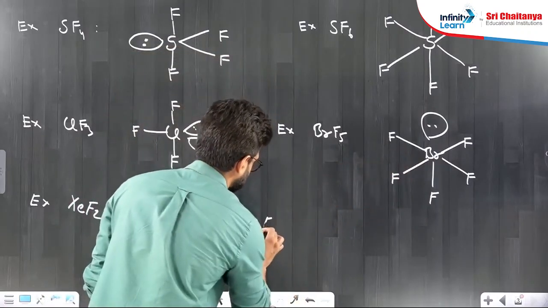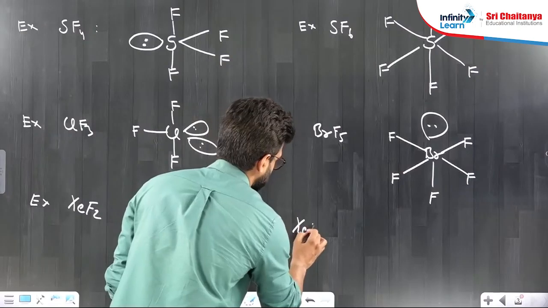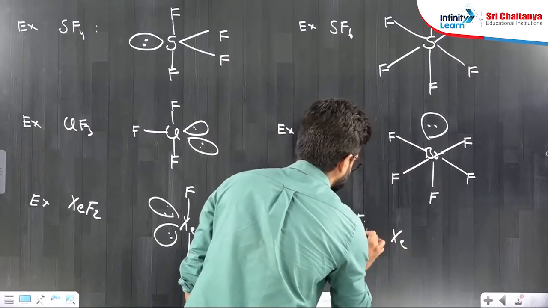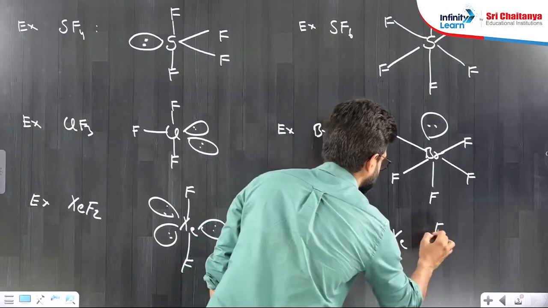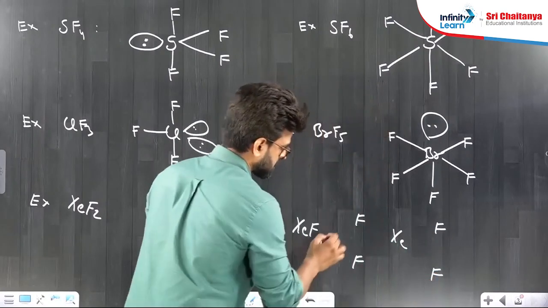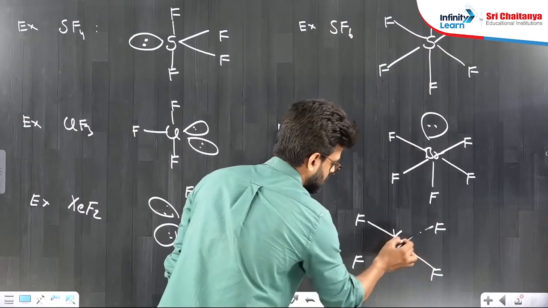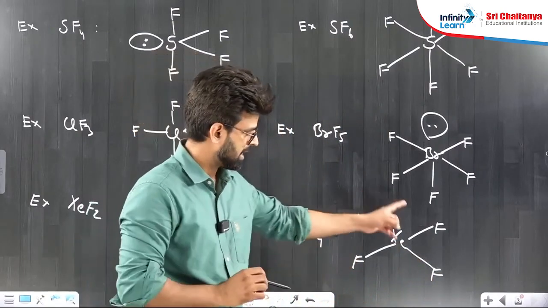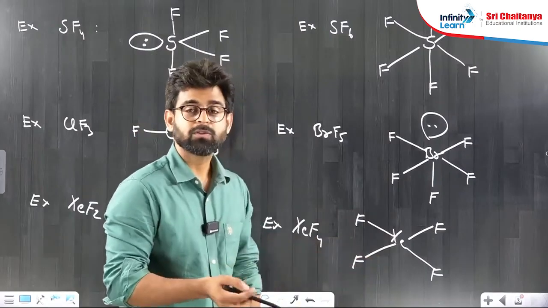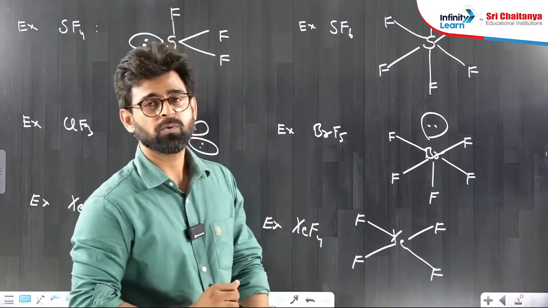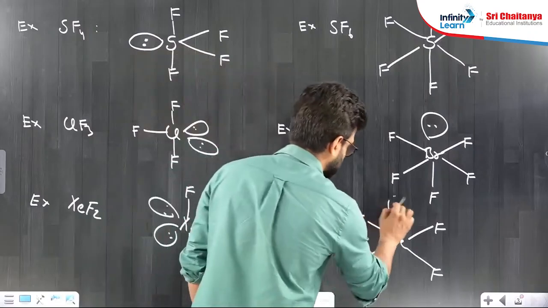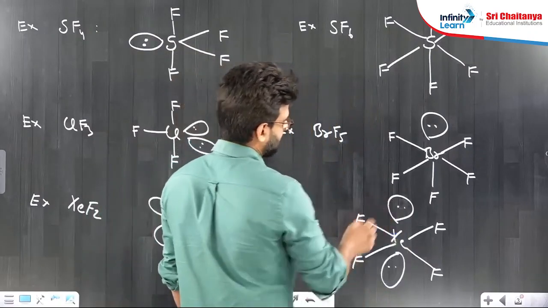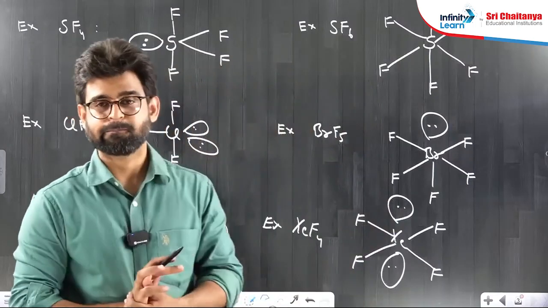And the next one is XeF4. Xenon has 8 valence electrons and we are keeping here 4 fluorines. Out of 8 valence electrons of xenon, how many are used here? 4 used. So the 4 remaining valence electrons become 2 lone pairs. Fine. So I will show it as lone pair. Clear? So in that way, we made the structures.